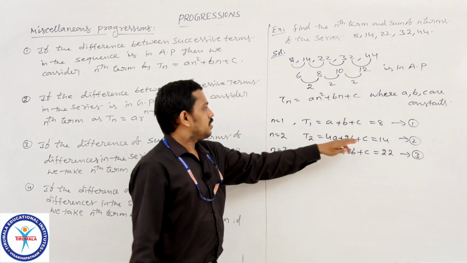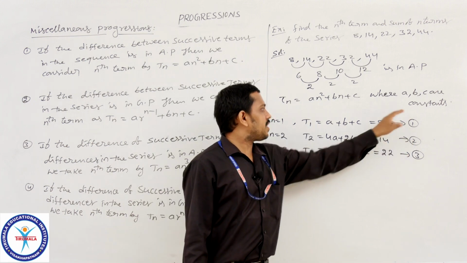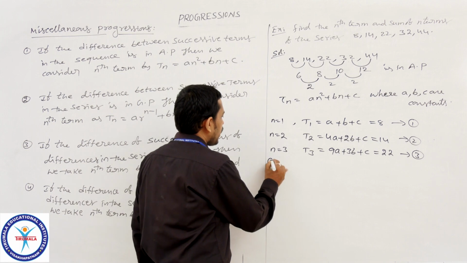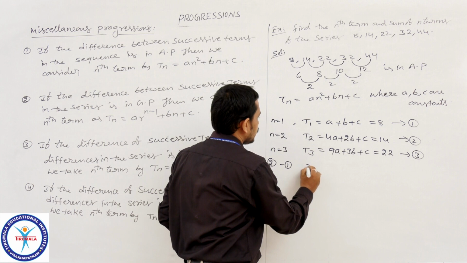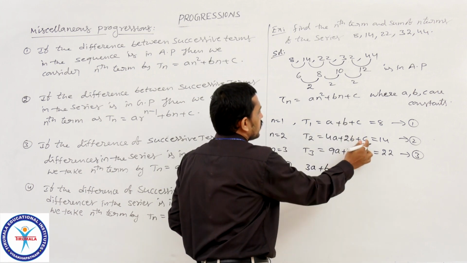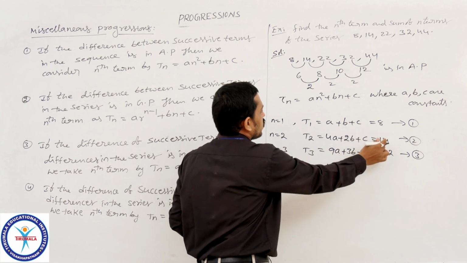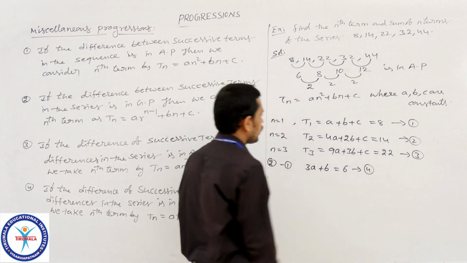Now solve 1 and 2: equation 2 minus 1. 4a minus a is 3a, plus 2b minus b is b, c minus c cancels, and 14 minus 8 is 6. So 3a + b = 6. Let it be equation 4.